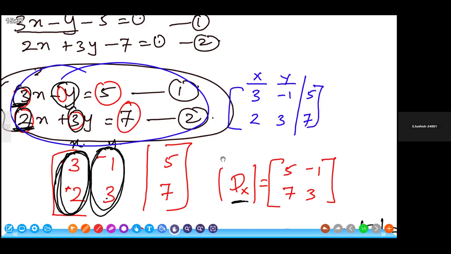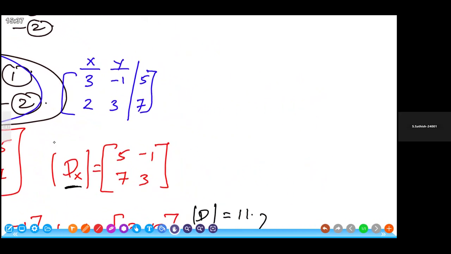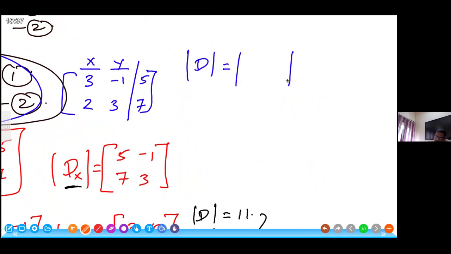Second step, we want to find out determinants. First, we find the common determinant, which is the determinant of 3, minus 1, 2, 3. It includes the variable coefficients, and if you find the determinant of that, that is the common determinant. Then we find the determinant for each variable separately.